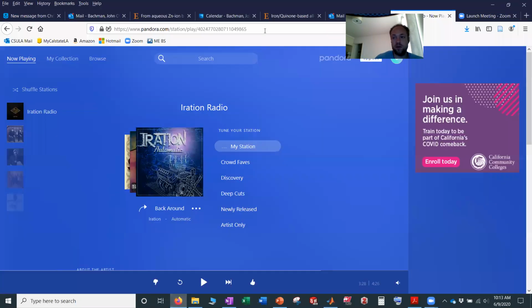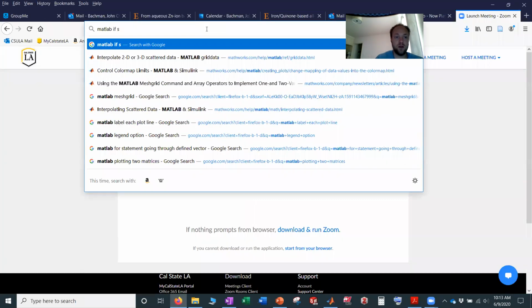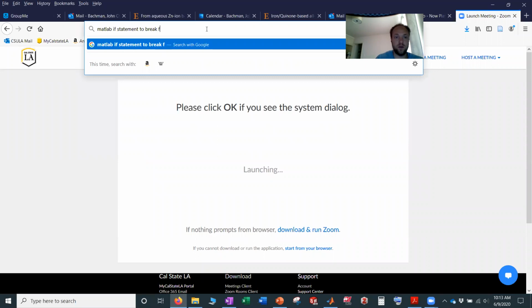Let's just look that up. MATLAB if statement to break for loop.